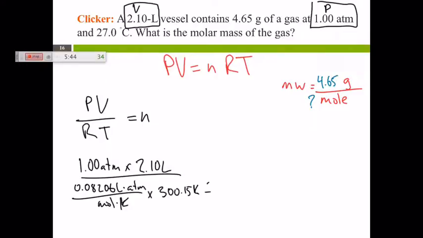Okay. And then if you do that calculation, what did you find? 0.080521. Okay, that's good enough for now. That many moles. And then what did you do with that?